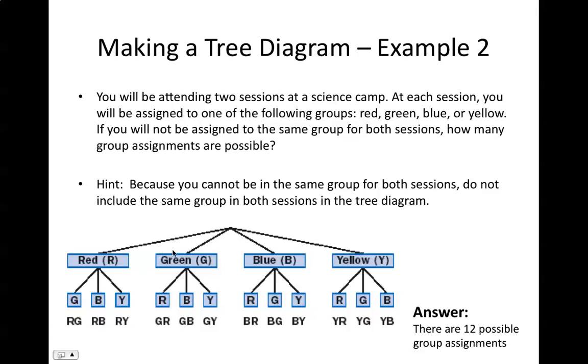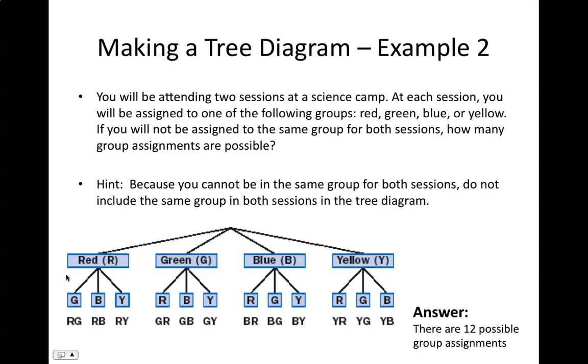And if you look at the green tab here, if my first group is green, then my second session I would either be red, blue, or yellow. And so on and so forth. Again, if my first session I was blue, then I could either be red, green, or yellow. And finally, if my first session was yellow, then I would either be red, green, or blue.